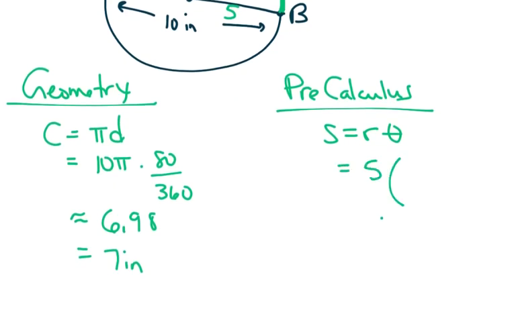And then theta is going to be 80 times pi over 180. And I don't even reduce that because really that just changes it to radians. You just make it 80 pi over 180. And when you plug this into your calculator, you get approximately 6.98 or 7 inches.